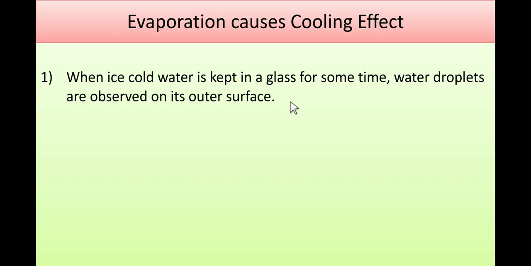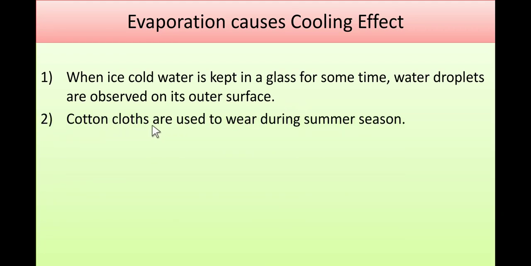If air contains more water vapor, the droplets come very easily. This is one example that water is vaporized at any temperature and remains in the atmosphere.